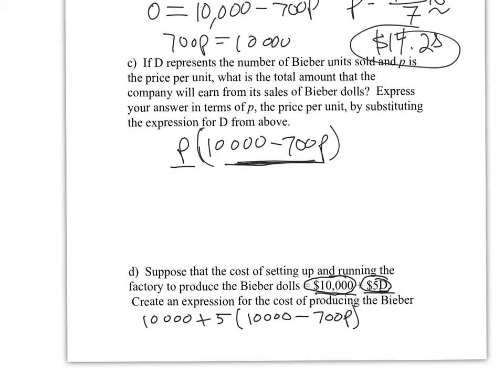When we replace D with this, we end up with 10,000 plus 5 times 10,000, or 50,000, minus 5 times 700p, or minus 3,500p, which in total gives us 60,000 minus 3,500p.